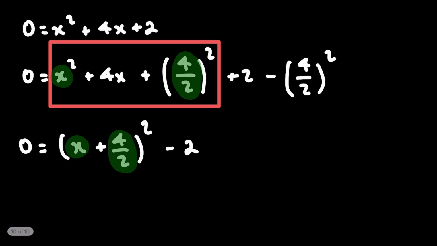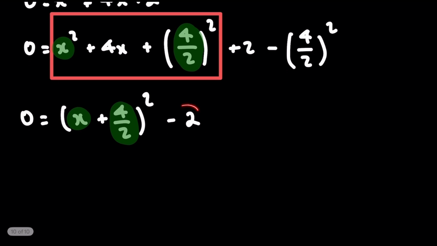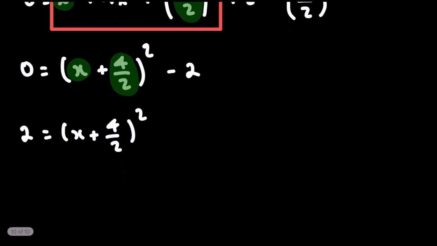Now I can solve for x. If I want to bring this minus 2 to the other side, I add 2 to both sides. So 2 equals x plus 4 divided by 2, whole squared. To get rid of this square, the opposite of squaring is square rooting, so I square root both sides.